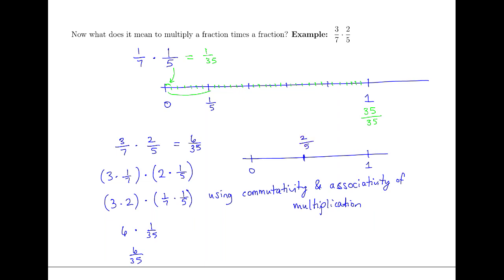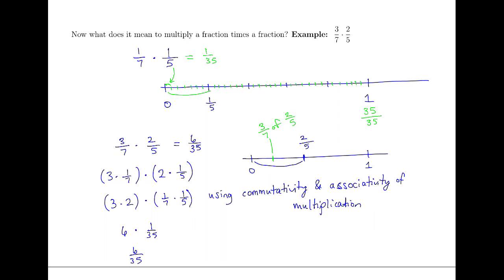And I'm being really rough here, like these estimates are really rough, and I kind of want to be thinking on the level of bigger than a half, less than a half, bigger than a whole, less than a whole, that sort of thing. So 2/5 is a little less than a half. 3/7 is a little less than a half. So 3/7 of 2/5, that means I take this 2/5 and I cut it into 3/7, and that's a little less than a half of that. So this would be approximately 3/7 of 2/5.